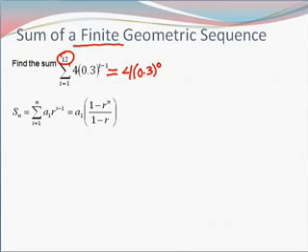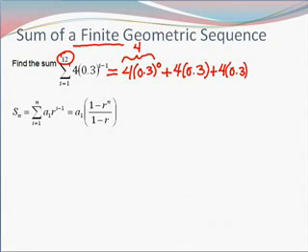Now anything to the 0 is 1, so this term really is just plain old 4. Plus 4 times 0.3 plus 4 times 0.3 squared plus, skip to the last term, 4 times 0.3 to the 11th power. So that's our whole sum of our geometric sequence.